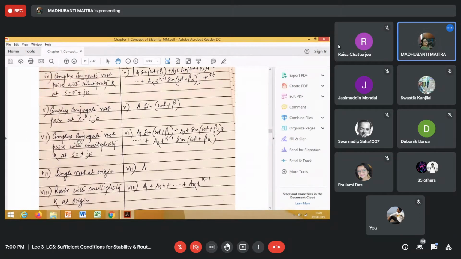So the fact is that for a stable system, the response will not depend upon the nature of the input. The system will be able to generate a response which will follow the input command, right?